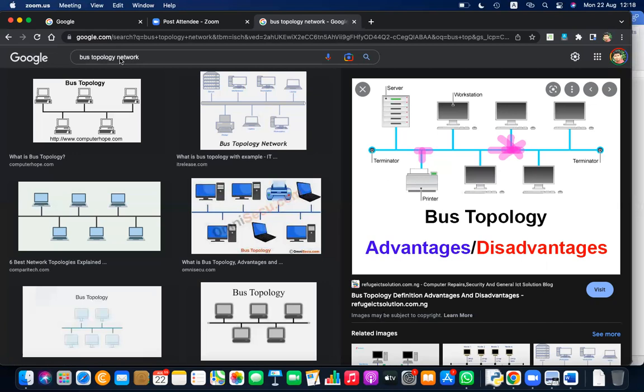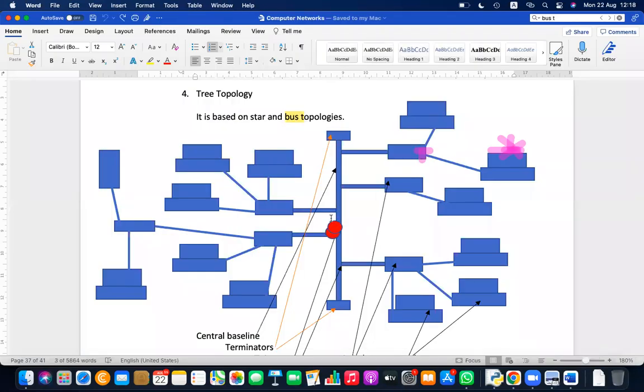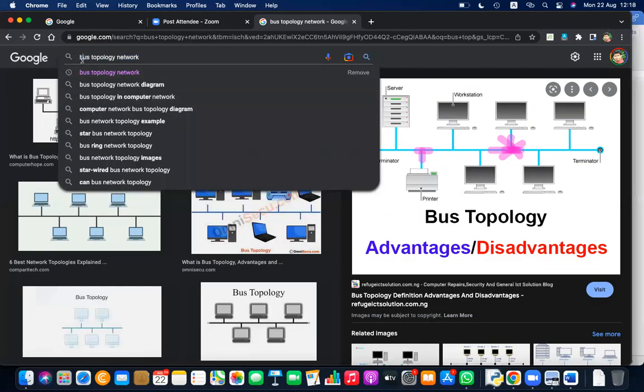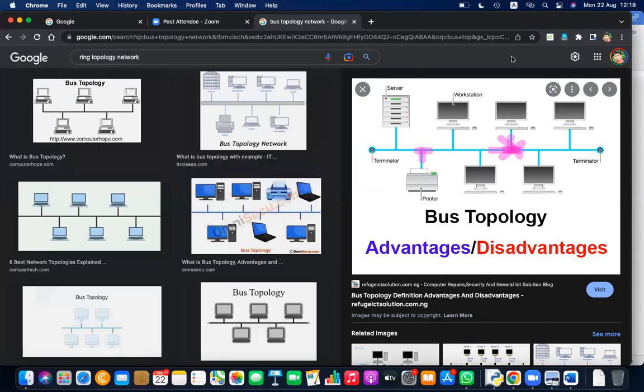Okay, next, ring topology. There are some other topologies. So one is ring topology. Let's see how ring topology works. So what do you think? In the bus topology, can many parties send and receive signals at the same time?